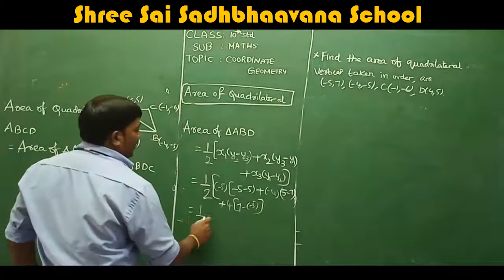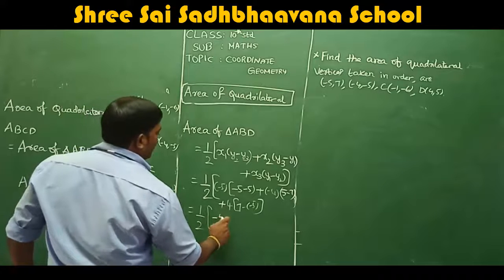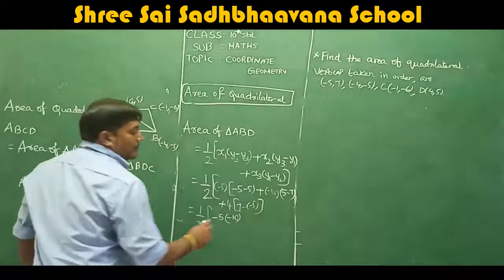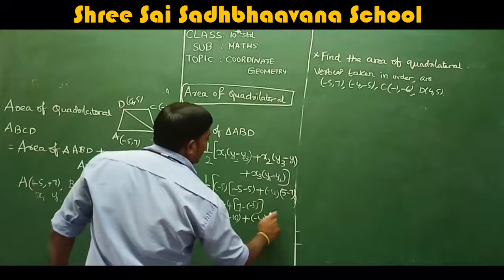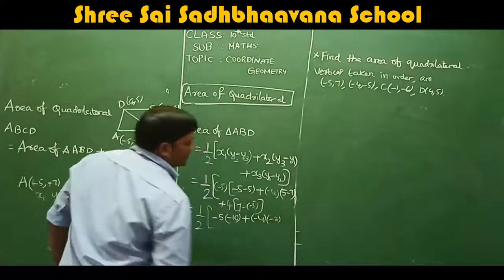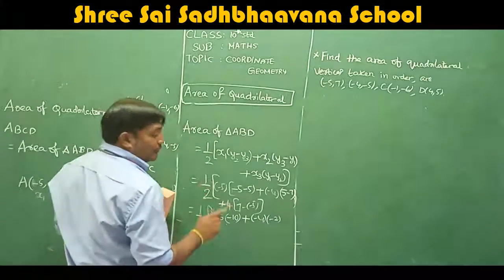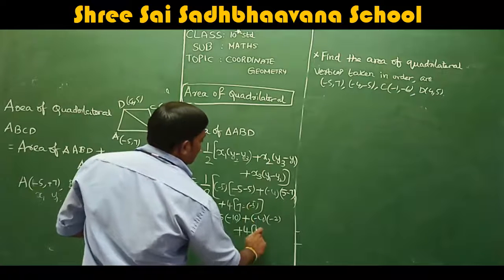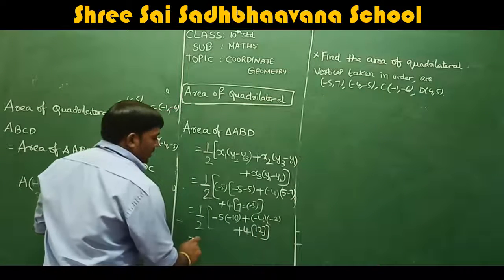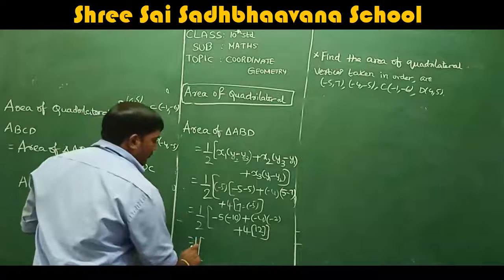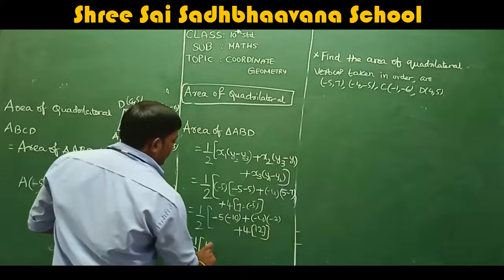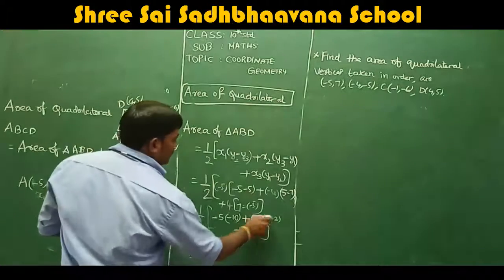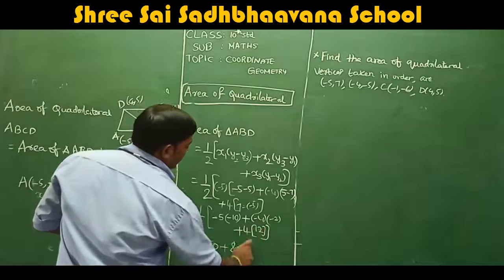Okay, so which will give you half into minus 5 into minus 5 minus 5, which is minus 10, correct? Plus minus 4 into 5 minus 7, which is minus 2. So careful with the signs. And 4 into 7 plus 5, which is 12. So what do you get? You will get half into 50 plus 8 plus 48.